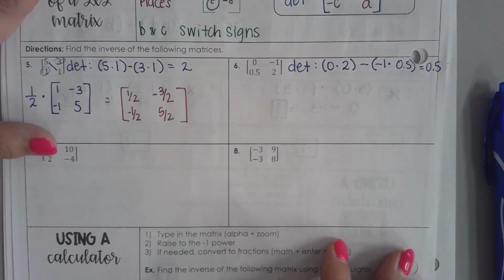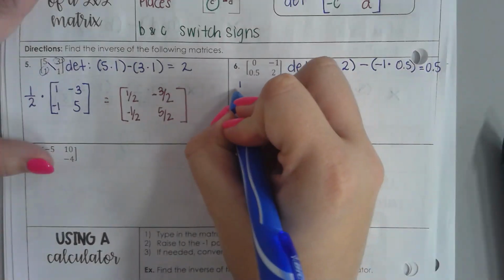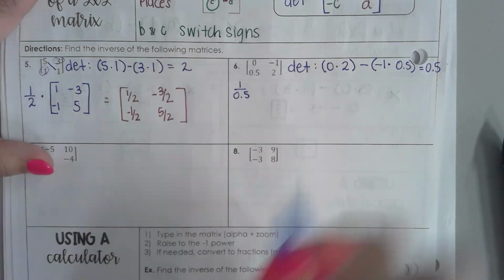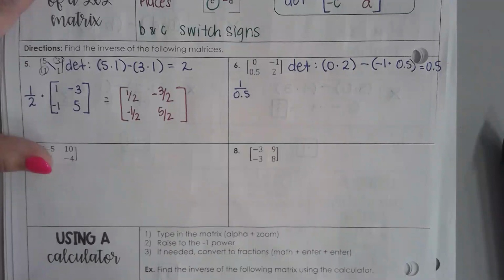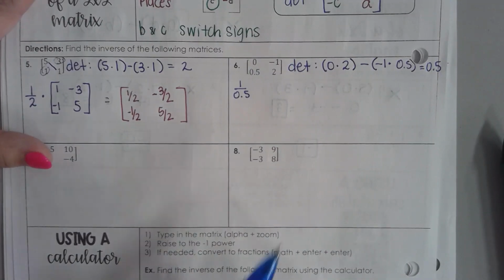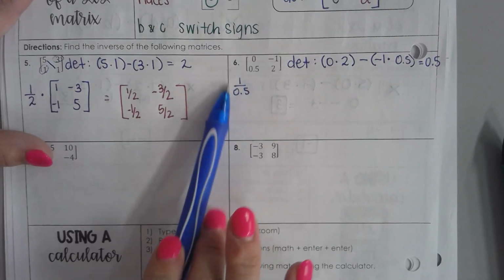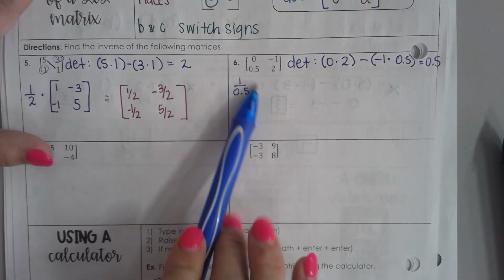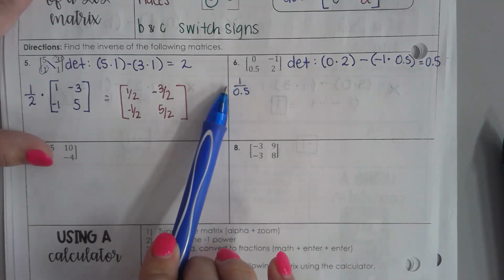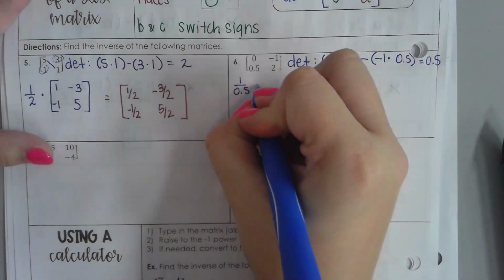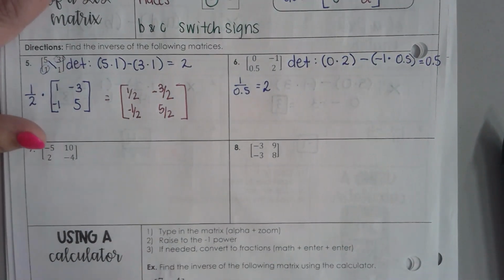So my formula is 1 over the determinant. It's kind of weird to leave decimals in a fraction. Type this into your calculator and tell me what you get. You get 2. 1 divided by 1/2 is 2.